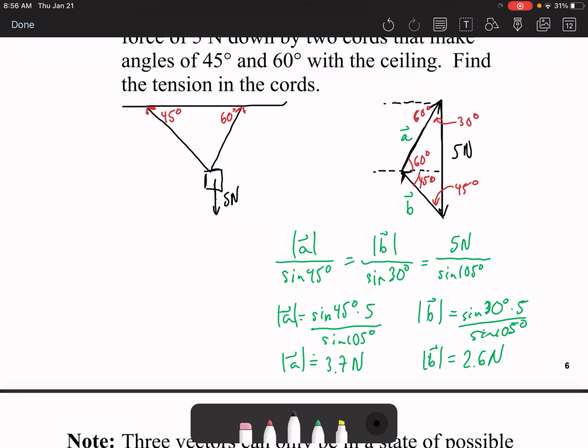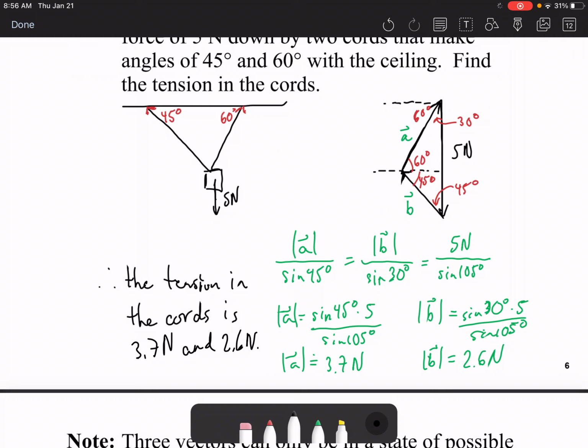Okay, so therefore the tension in the chords is 3.7 newtons and 2.6 newtons. You already know the directions technically just by looking at where they're headed, so no need to give directions. When they're just asking for tension, they're just asking for magnitudes.